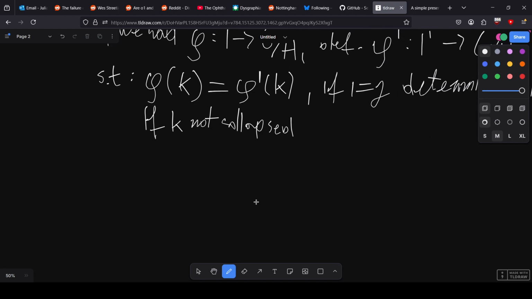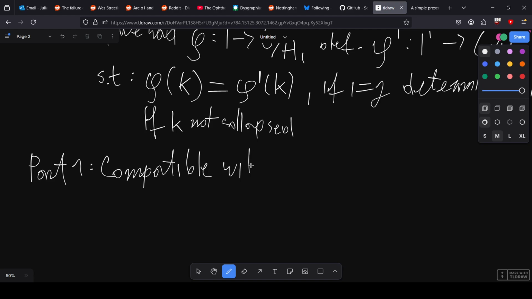So, we now need to prove that, in particular, part 1, we need to prove that this is compatible with the partial operation at every step.